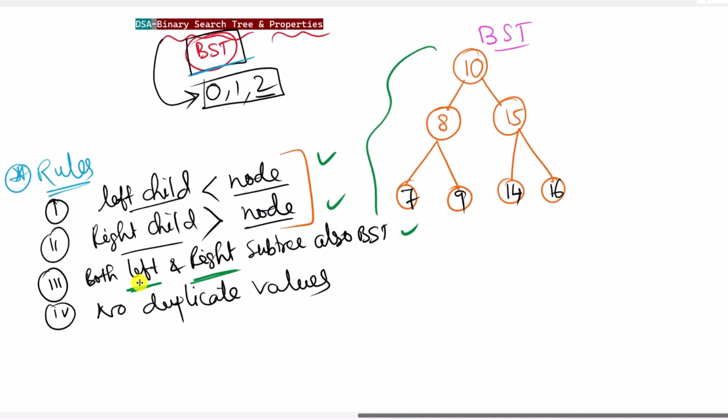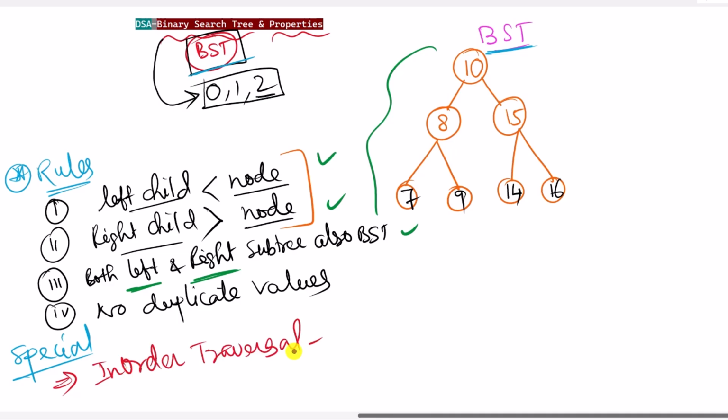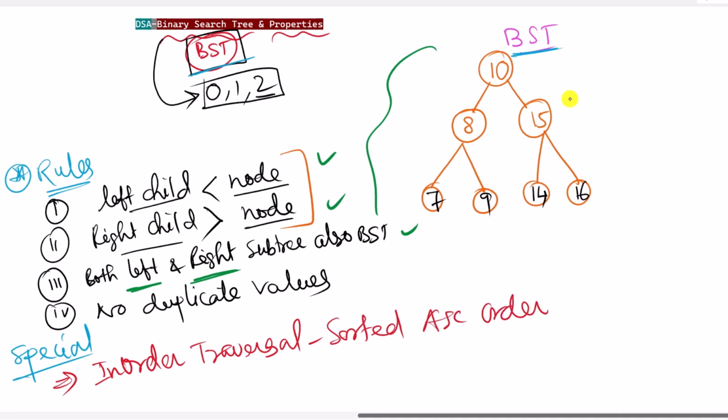Also, in the case of the binary search tree, we have a special property. If we perform the in order traversal, then all the values of this tree will be sorted in ascending order. So here we have the binary search tree. Let's perform the in order traversal of this tree.